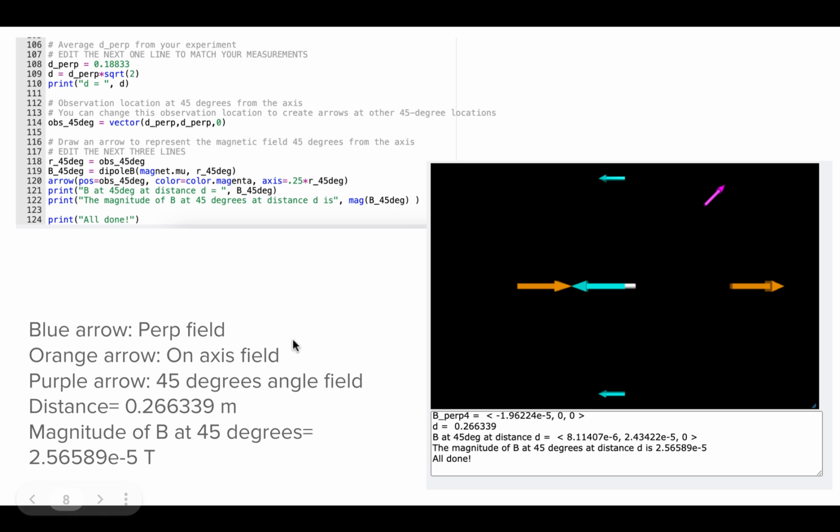And as this continues, you can see that this is the model that I got after I ran my code, where the blue arrow represents the perpendicular field, and the orange arrow represents the on-axis field, and then the purple arrow is this new arrow that I've calculated to get my magnetic dipole, but it's the 45 degrees angle field. And as I ran this, I got a distance of 0.266339, and the magnitude was 2.56589 e to the negative 5.